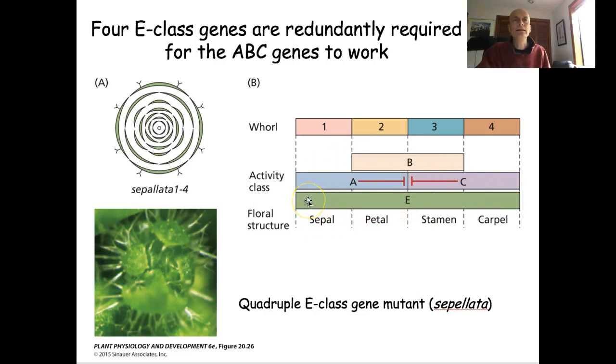And so these E-class genes are expressed in all of these four whorls. If you have a mutation in all the E-class genes, so there are multiple E-class genes, you get this phenotype that's called sepalata. So there it looks all just like sepals.